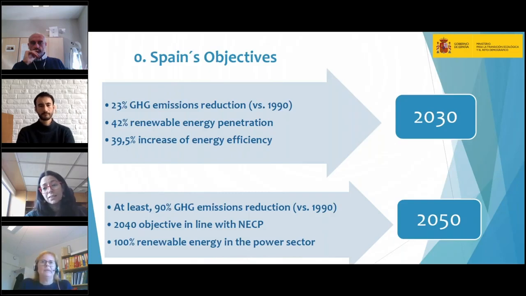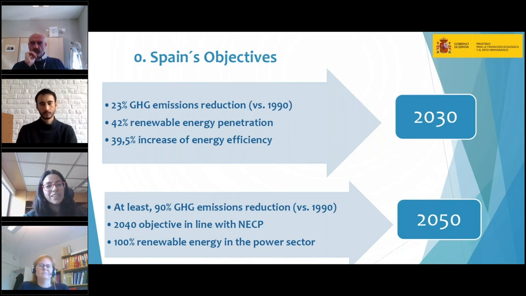That is the decade where the Spanish National Energy and Climate Plan is going to be implemented. So the target that we set is a reduction of 23% of greenhouse gas emissions with respect to 1990.